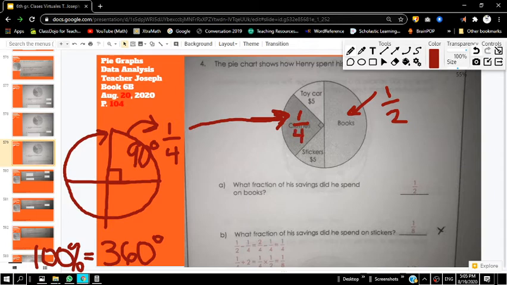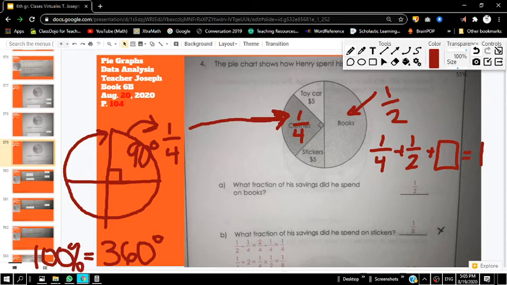I know that 1/4 plus 1/2 plus a certain quantity is going to give me 1 whole. So if I take 1/2 plus 1/4, remember when we add fractions, we need to have the same denominator.